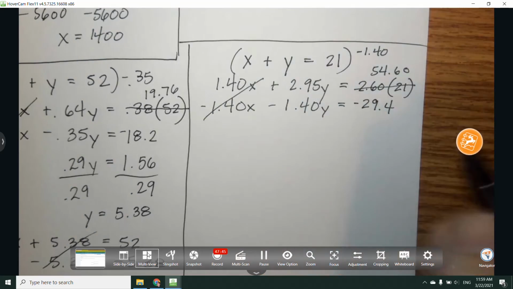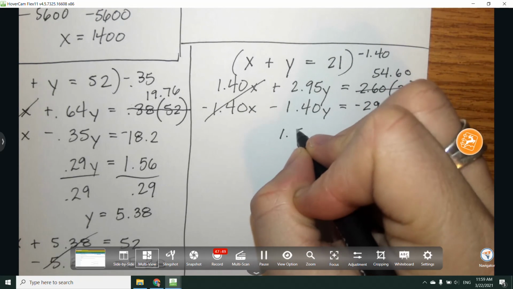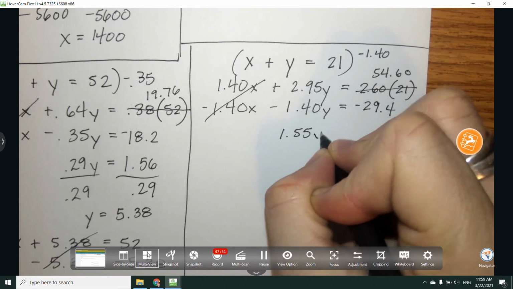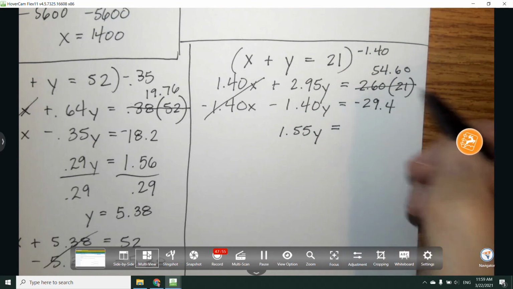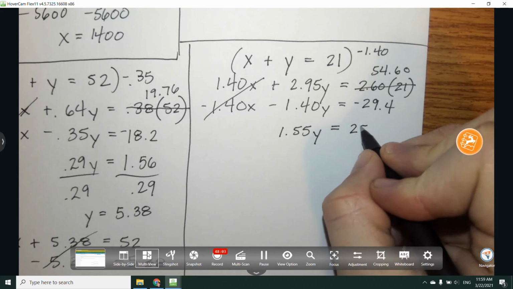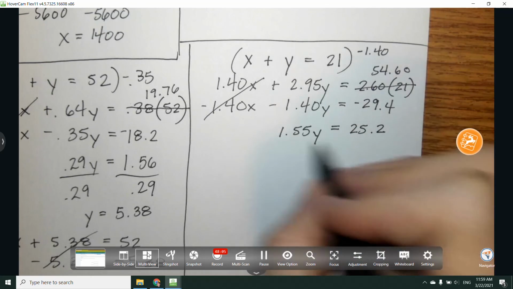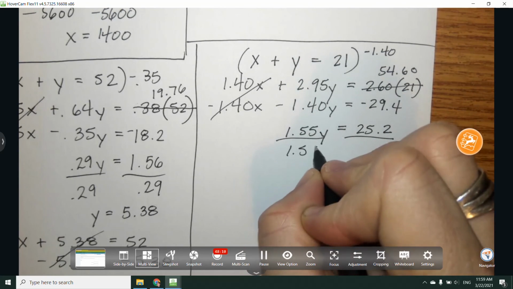So this will cancel. This is going to give us 1.55y. And then we do the subtraction on this. That gives us 25.2. So then we're just going to have to do the division. So we're going to divide both sides by 1.55.